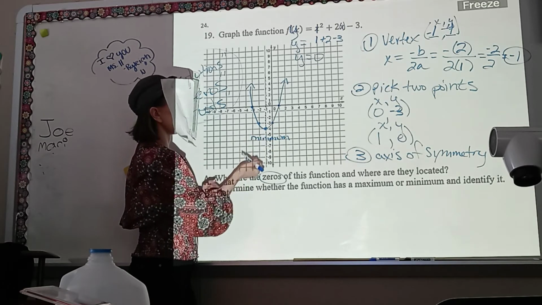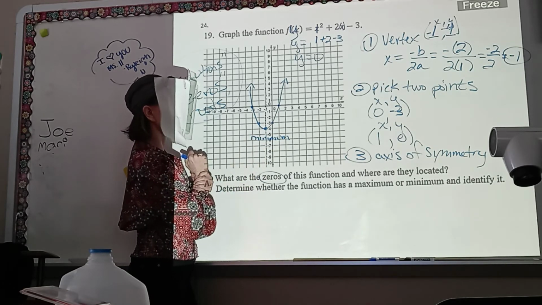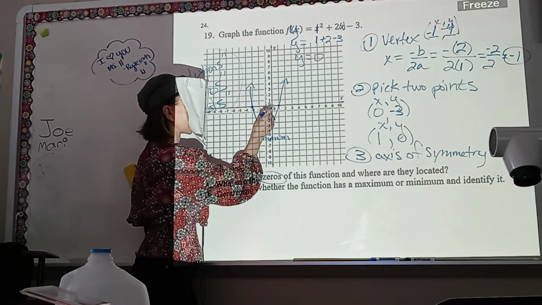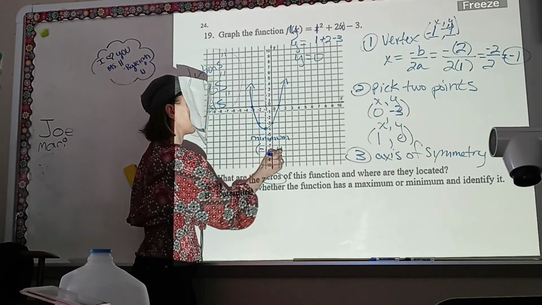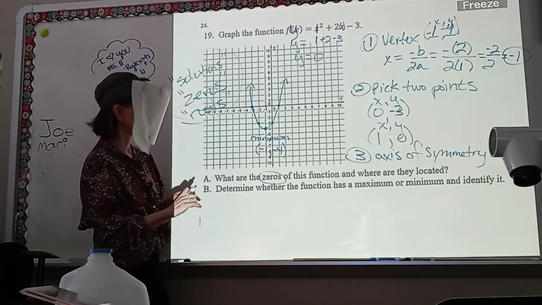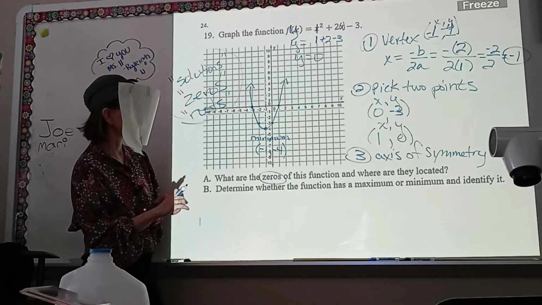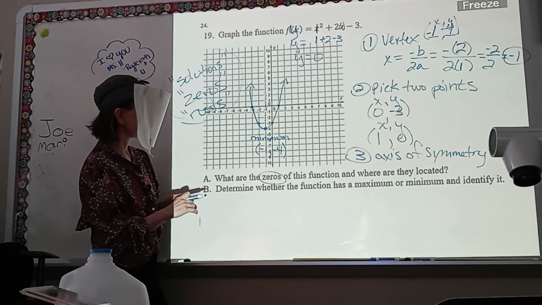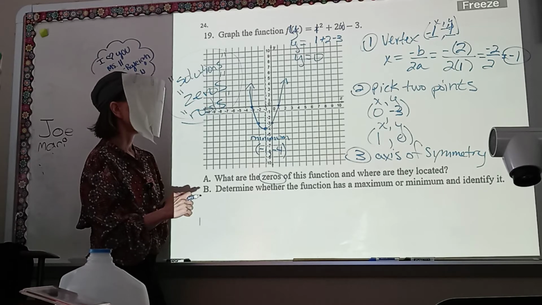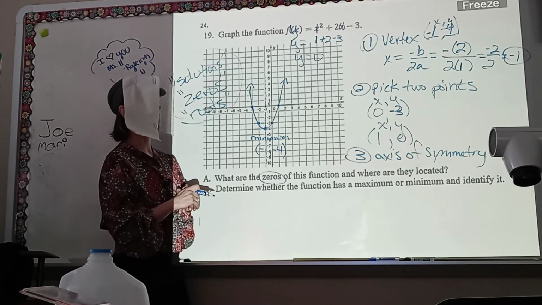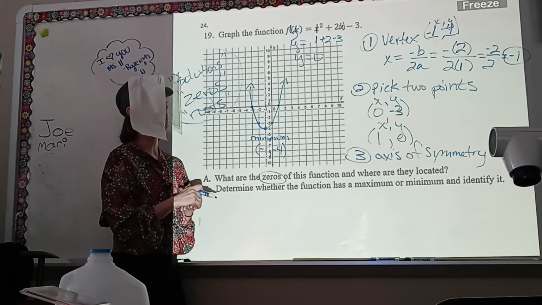Okay, and the vertex is at (-1, -4). (-1, -4). I'm just going to throw this into the bell work as well.